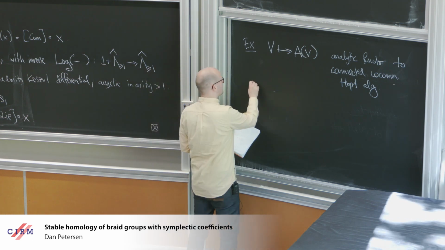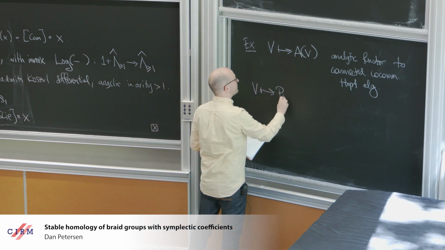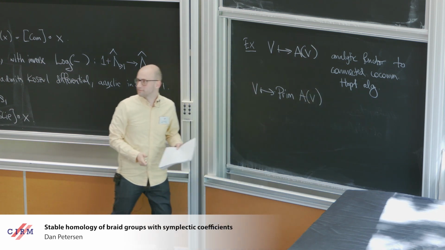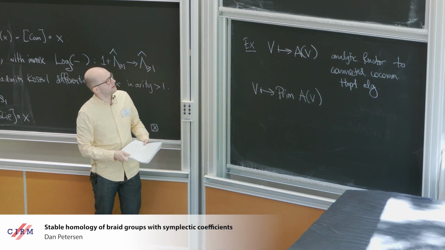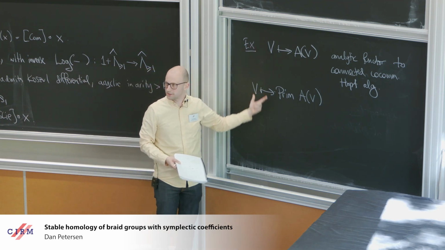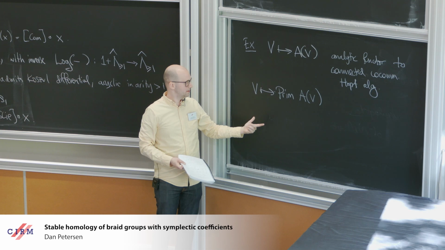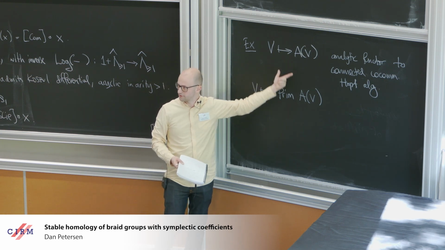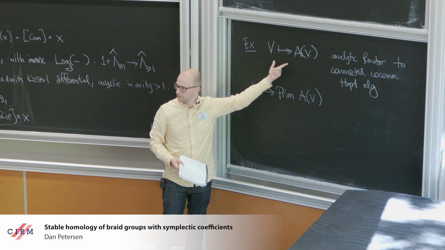Well, then I can get a new analytic functor by taking primitives. And the Milnor-Moore theorem says exactly what the relationship between these two is. Namely, I compose this functor with the universal enveloping algebra functor, and I get that one.